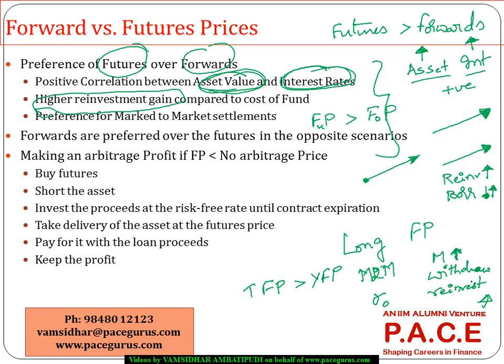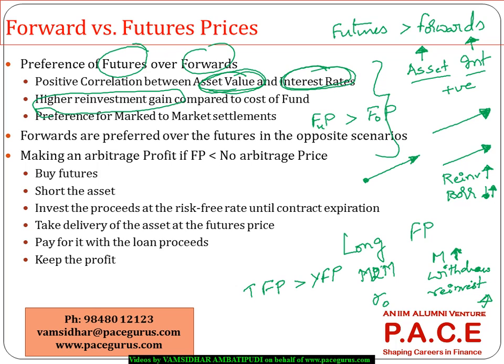And if there is a negative correlation between those two, we see the opposite scenario, meaning the forward contract will be more preferable compared to a futures contract, which means the futures price will be lesser than the forward contract price.